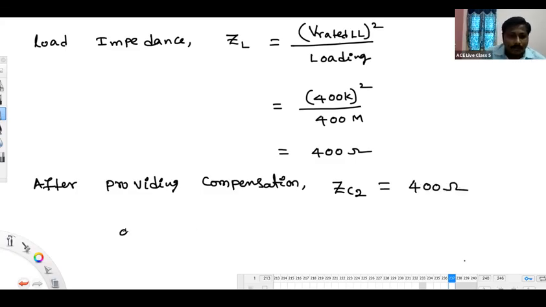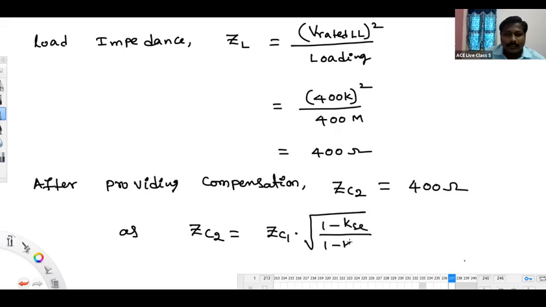As we know already, ZC2 with compensation equals ZC1 into square root of 1 minus KSC by 1 minus KSH.